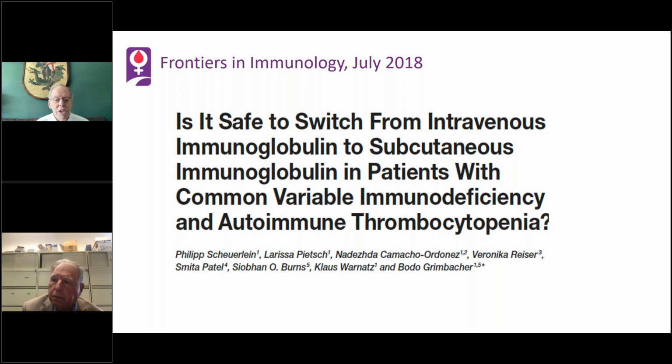So I looked for data on whether you could switch from IV to sub-Q in patients with common variable immunodeficiency and what happened to their ITP, since you may know they have a relatively high rate of ITP and of autoimmune hemolytic anemia. Bottom line, there is no data in which patients, for example, with CVID and ITP, get sub-Q IgG to bring up their platelet counts.